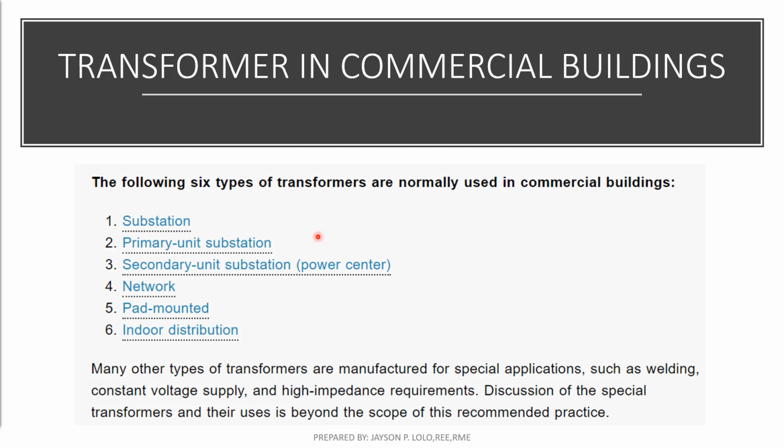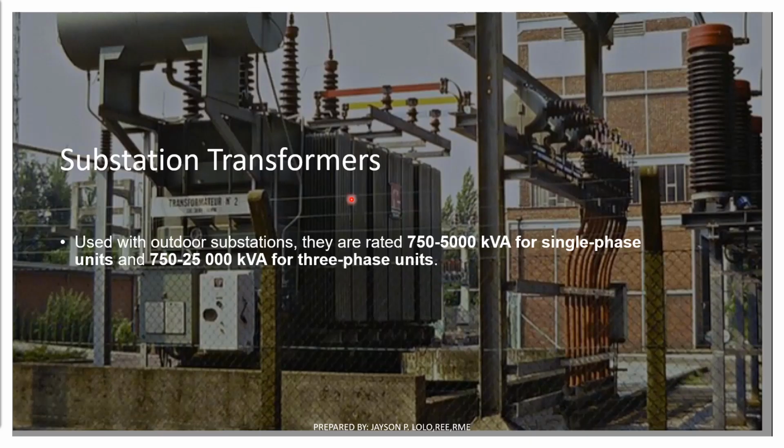Substation transformers are highly applicable for welding, constant voltage supply, and also wide area applications, for example Azuela Cove, which is a large area power application. So you need substation transformers, and you also have a substation area.